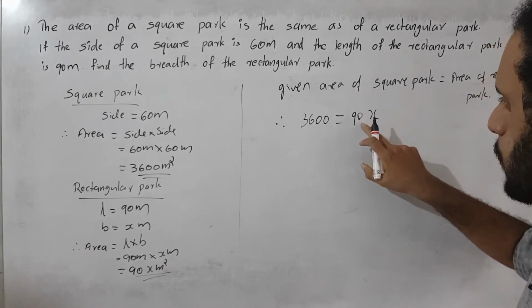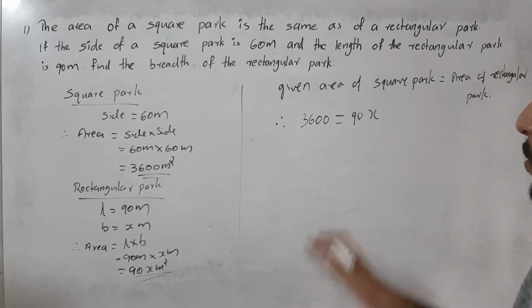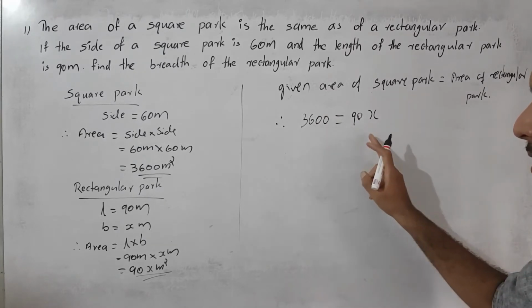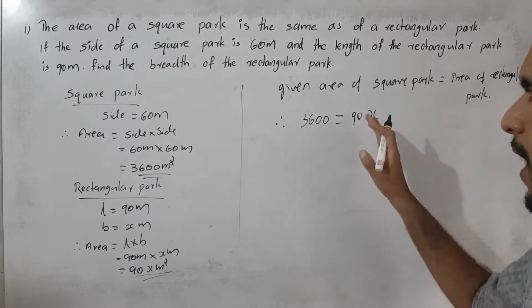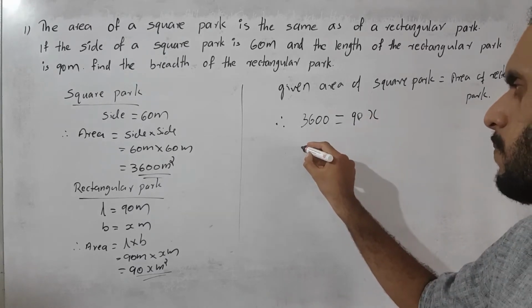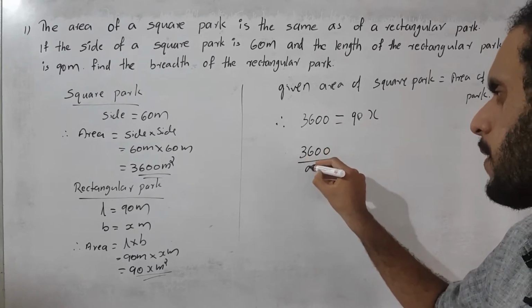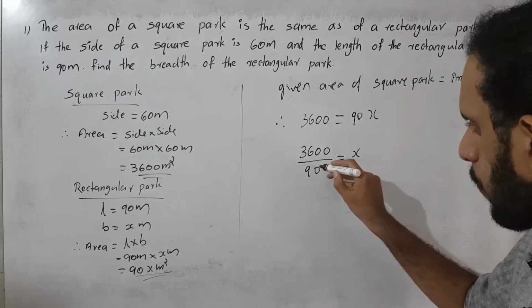We need to transpose. We need to remove 90 from the side of x. So we are transposing 90 from right to left. Then what changes? Here 90 and x are multiplied. So at the time of transposing, what is the change? It becomes divide. Then 3600 divided by 90 is equal to x. So we cancel one 0.